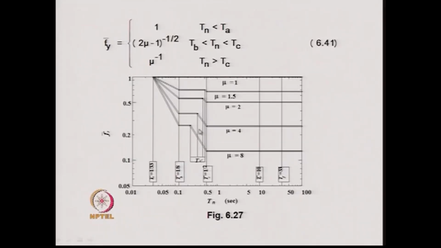Then for T n greater than T C, this is the T C, the value of f bar y is given by mu to the power minus 1, or 1 by mu, and that is plotted over here for different values of mu.